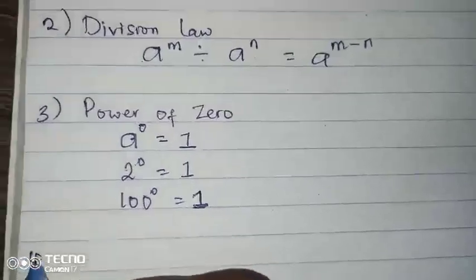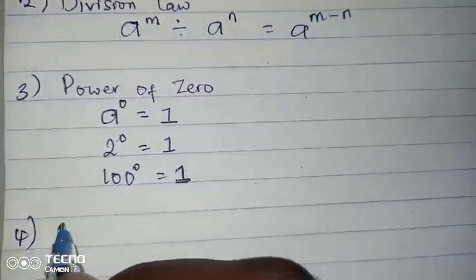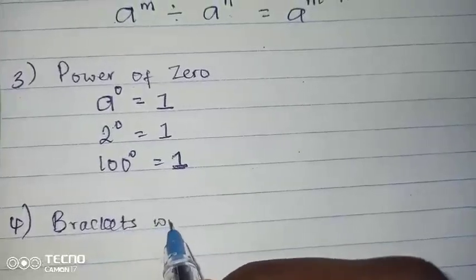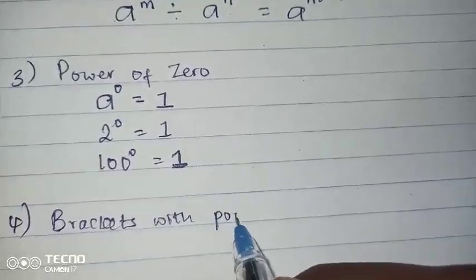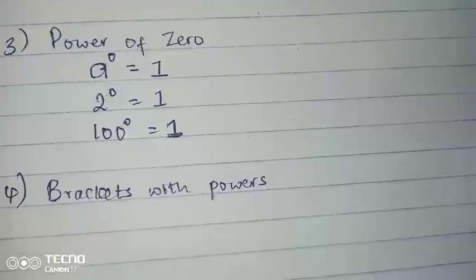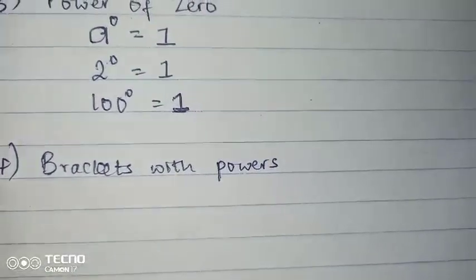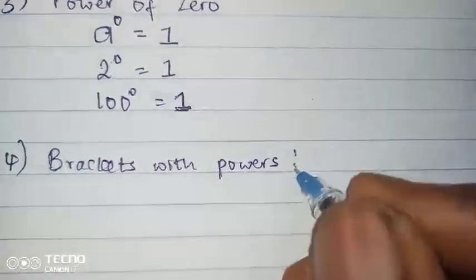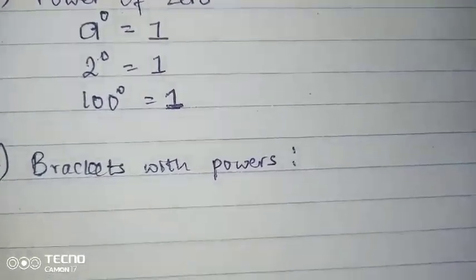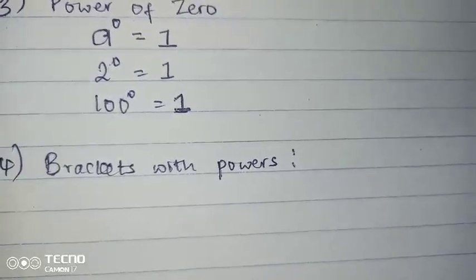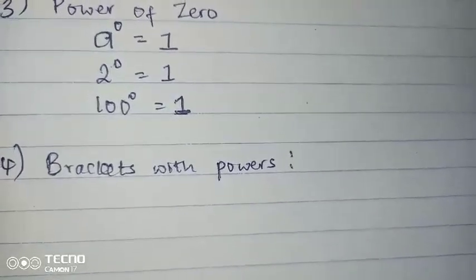Let's go over to the fourth law, which is brackets with powers. In this law, whenever an index appears outside the bracket, we are to simply multiply the powers.